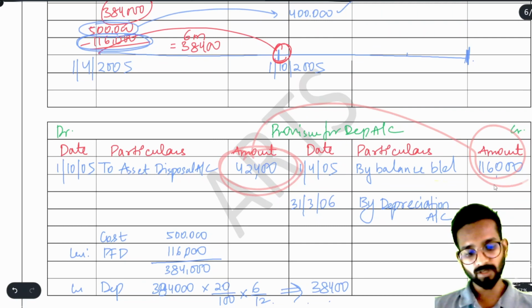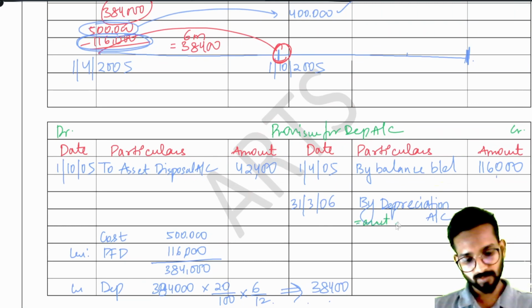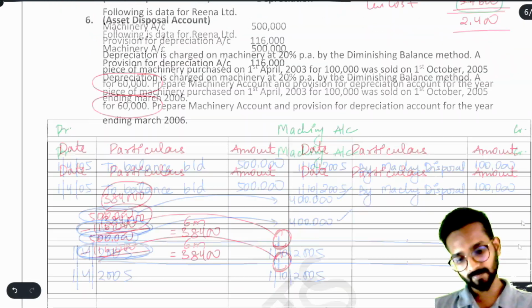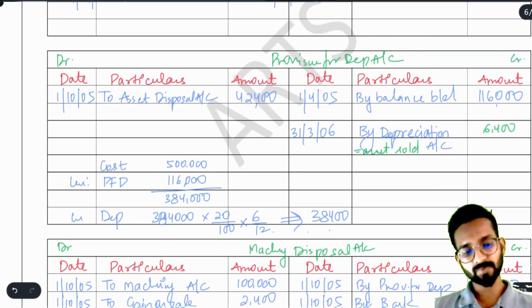See, it is not only 1,16,000. By depreciation for the asset we have already sold, I am writing here, which is for the asset sold. How much for the asset sold for this current year? It was 6,400. This is the current year's depreciation, only for the asset which we have sold, that we are writing.